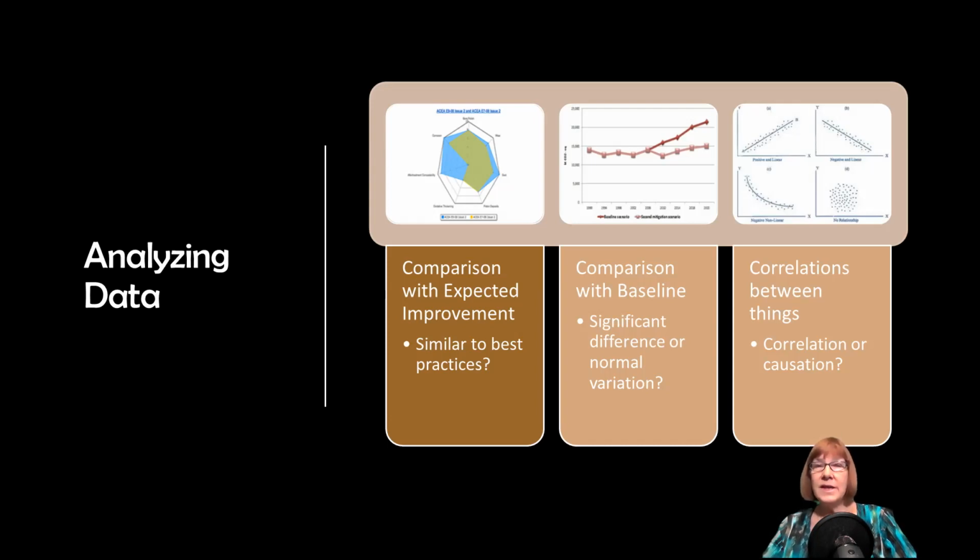So you always need to check and see, is this a change that is a significant change, or is it just something that is normal? And there are statistical measures that you can do to try to figure that out. That's a little beyond what we're doing, but if you're interested, we can talk about it.